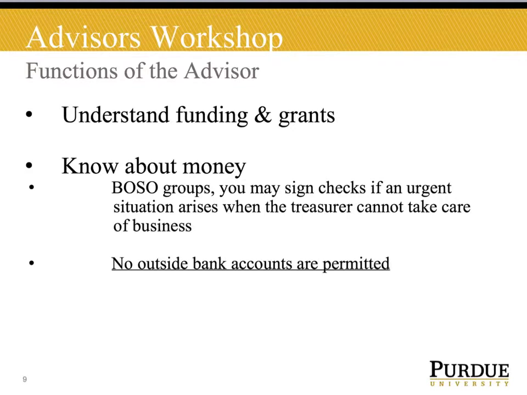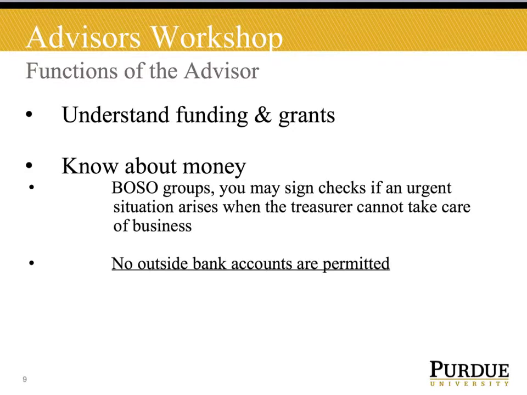Our largest pool of money on Purdue University's campus comes from SOGA, which is Student Organization Grant Allocation, and that is given out twice a year. I will point out that that is under the campus links section of Boiler Link and can always be found there. But just understanding the grants and the funding and being able to help your students navigate that.